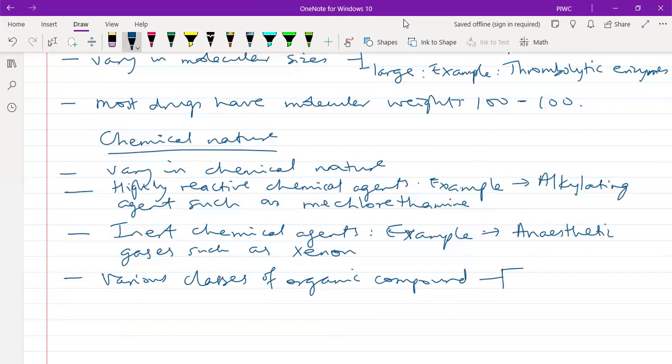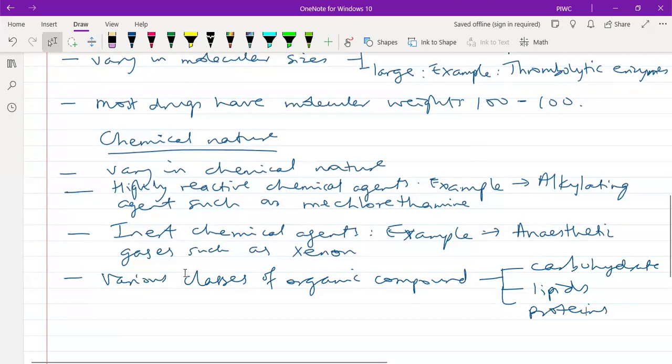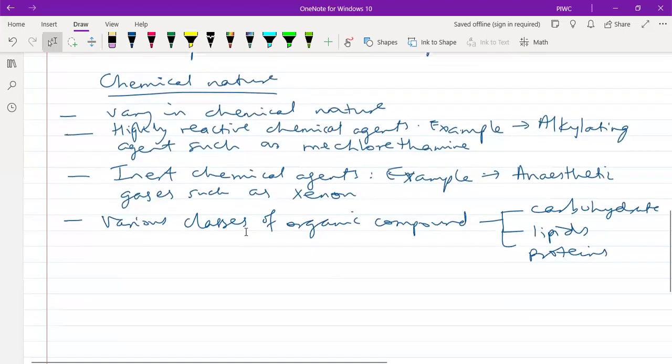We can talk about the carbohydrates, the lipids, and then the proteins. Okay. So these are the chemical natures of drugs. I'm going to add one more.